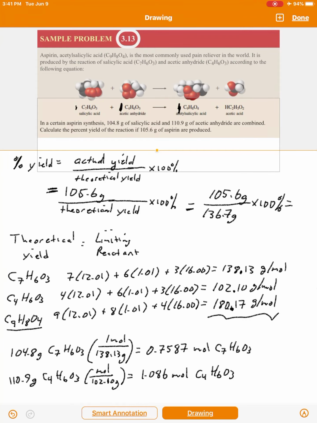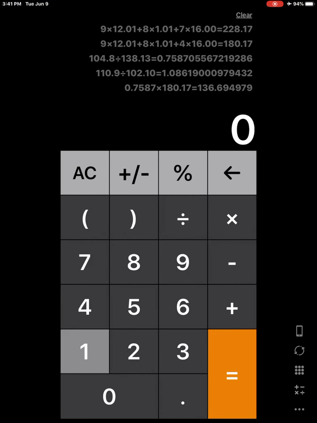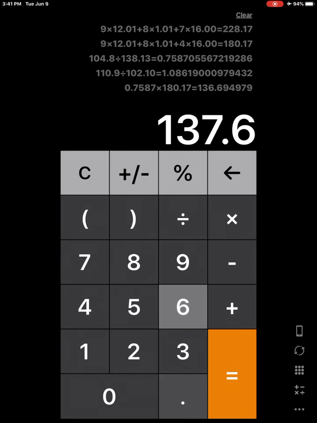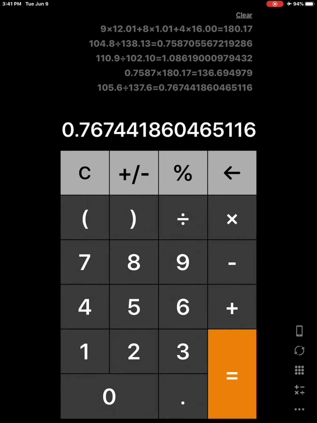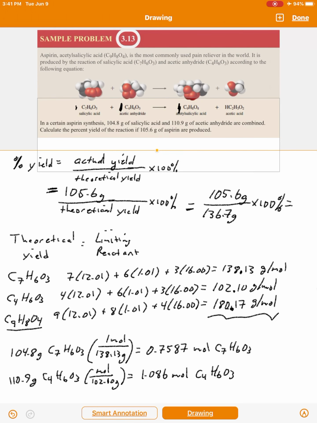Okay, so 105.6 over 136.7. It's about 77%, 76.7%. A little low. Usually it's in the 80s or 90s, but in the 70s in any case.